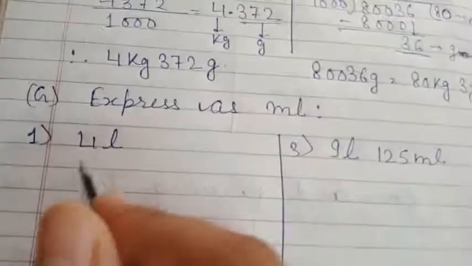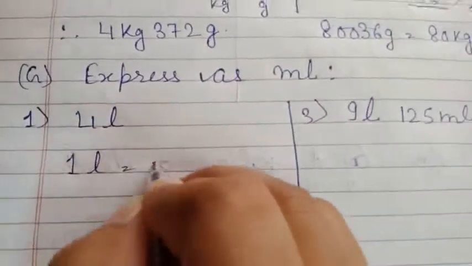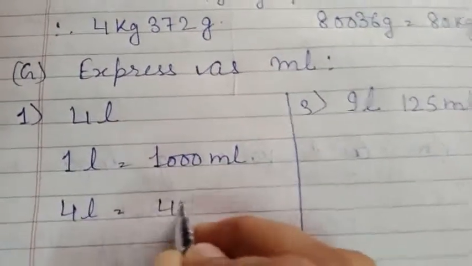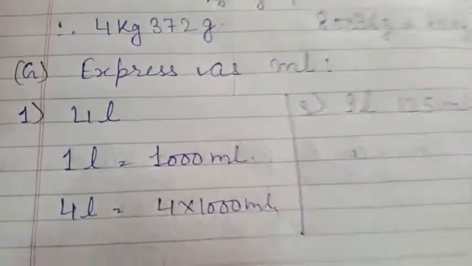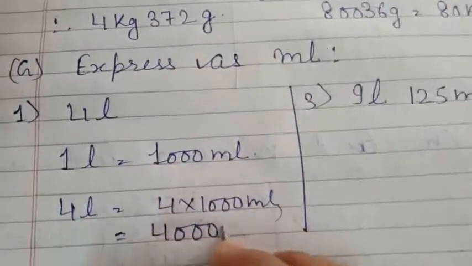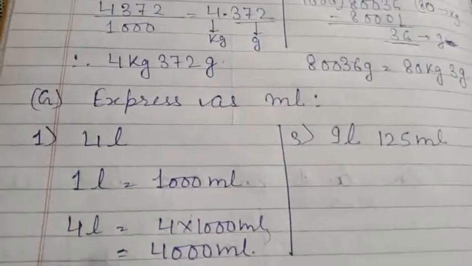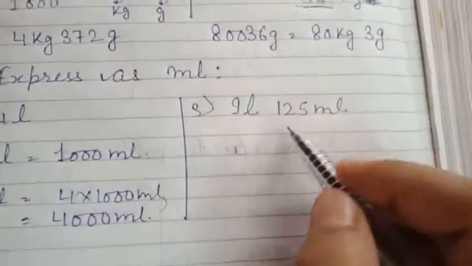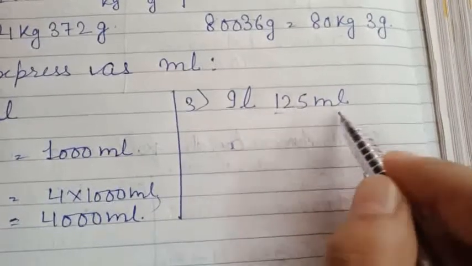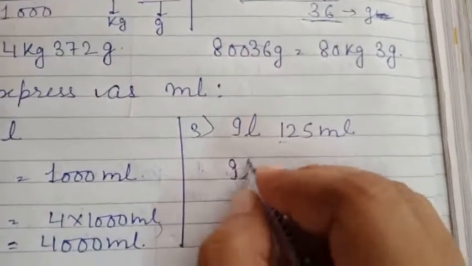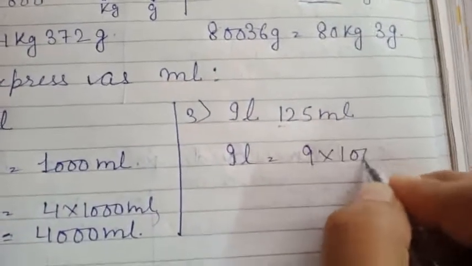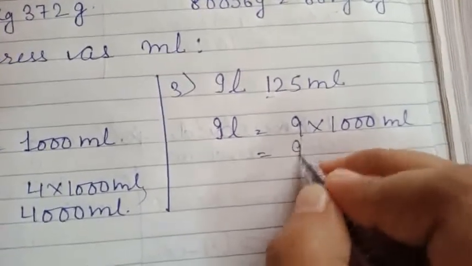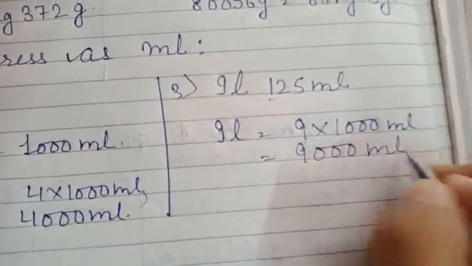So first is 4 liter. So 1 liter is equal to 1000 milliliter. So 4 liter is equal to 4 multiplied by 1000 ml is equal to 4000 ml. In the same way, 9 liter and 125 ml. So 125 is already in ml, so we will convert only 9 liter. 9 liter is equal to 9 multiplied by 1000 milliliter is equal to 9000 milliliter.